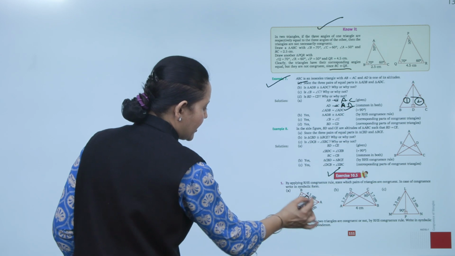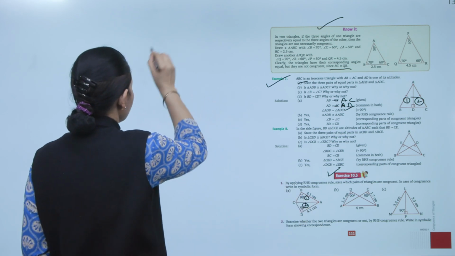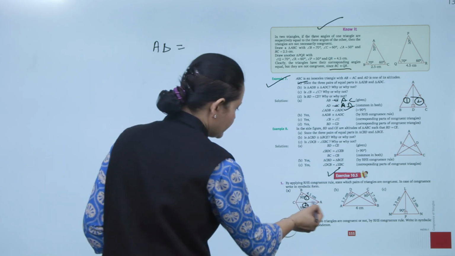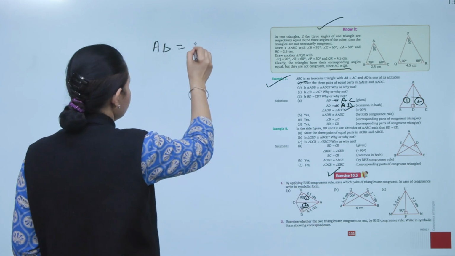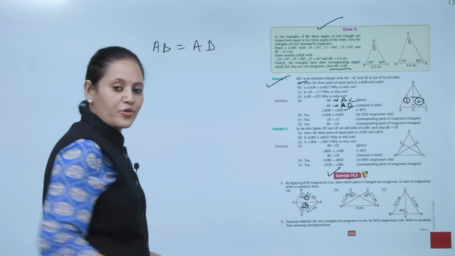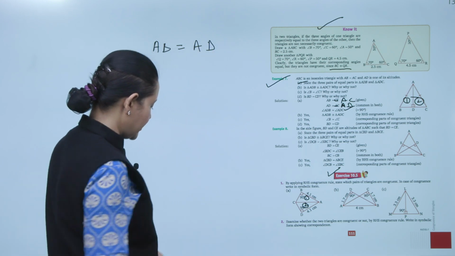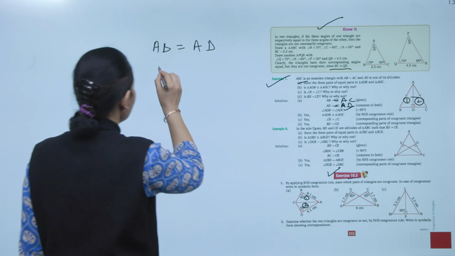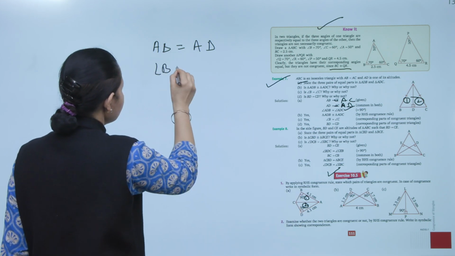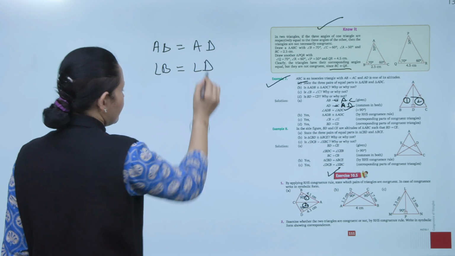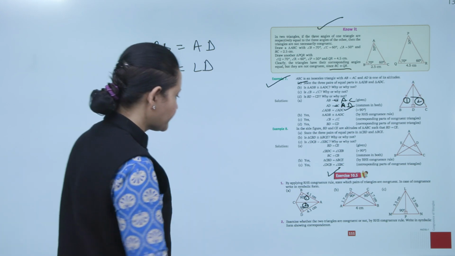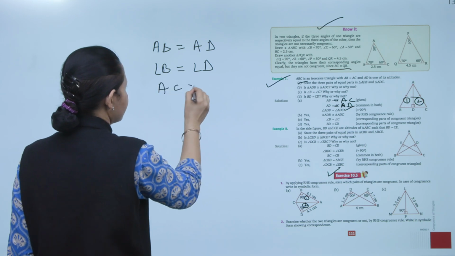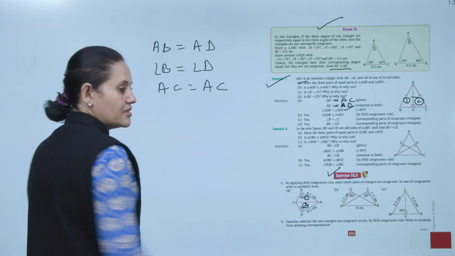In triangle ABC, AB equals AD, both are 4.1 centimeters. Next, angle B equals angle D, both are 90 degrees, and AC equals AC, that is common in both the triangles.